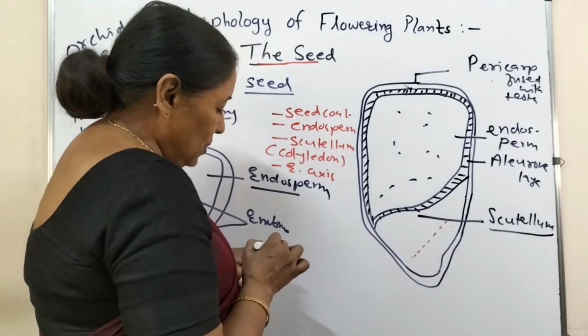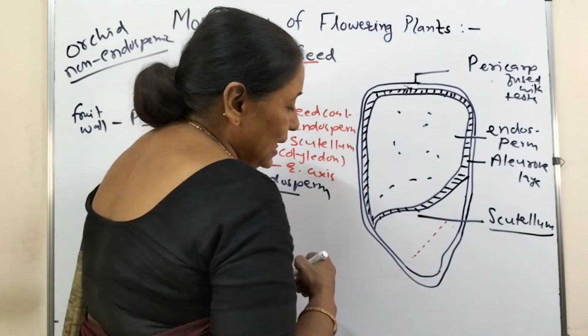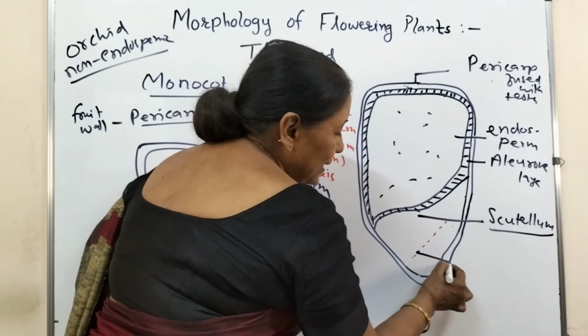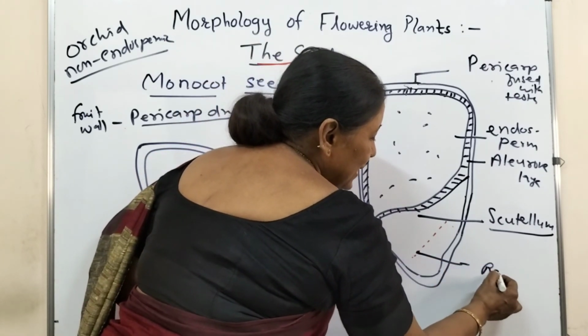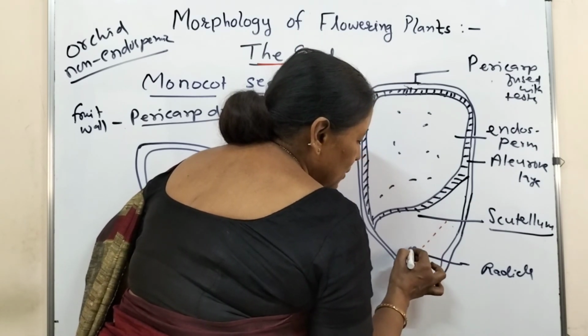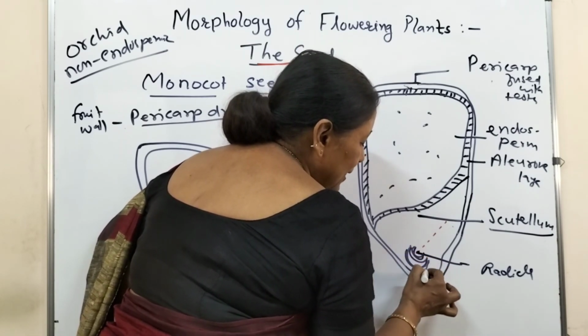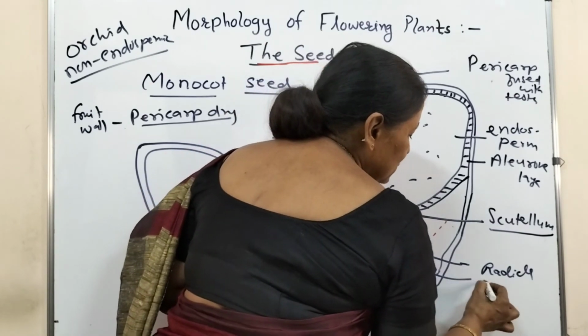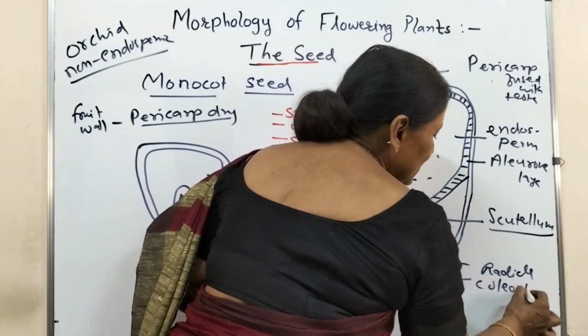Fine. So on its one side, this is the radicle, and this radicle is surrounded by root cap and coleorhiza. So this is coleorhiza.